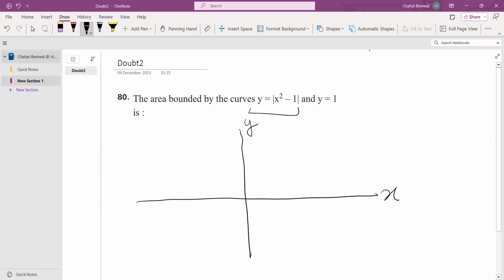Firstly, we'll make the graph of y is equal to x square, which is like this. Now if I do minus 1, then this graph is going to shift down by 1 because we are doing minus.